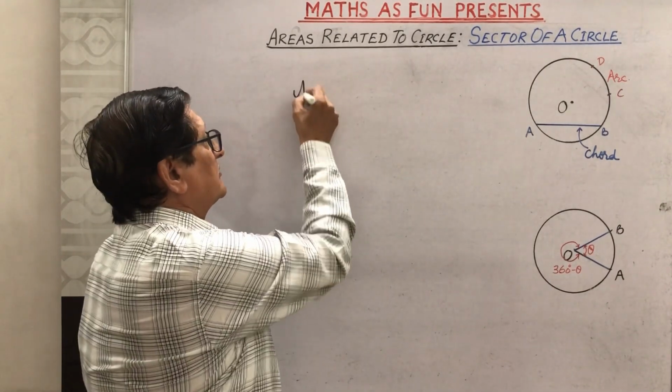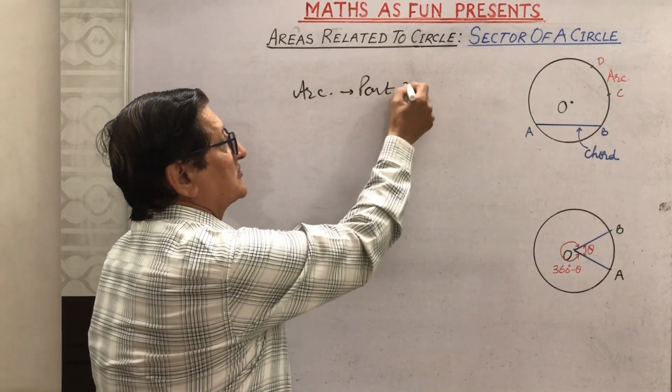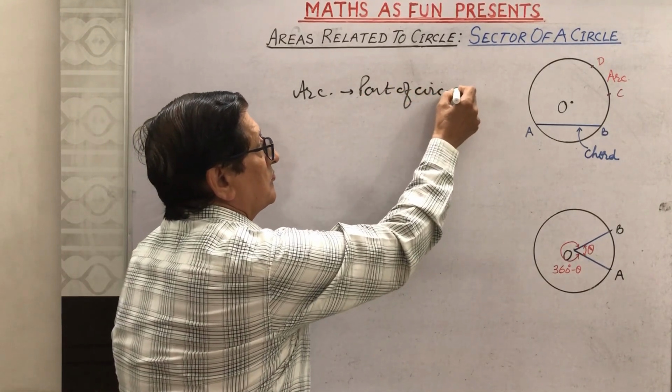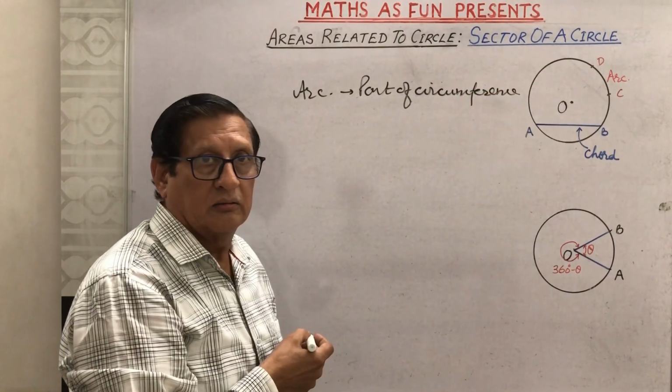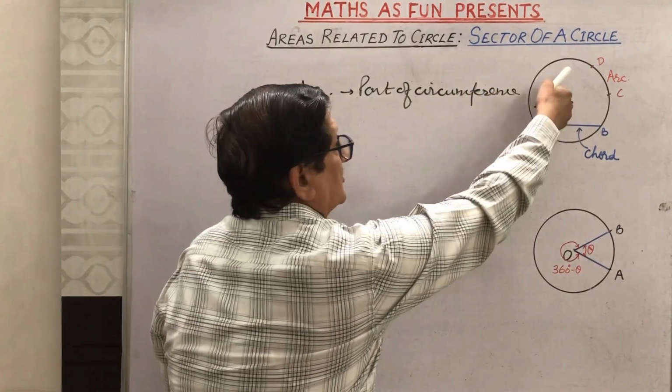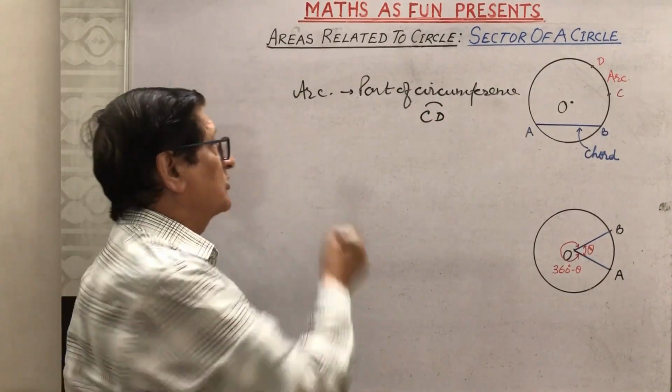What is an arc? Arc is a part of circumference. Like here, CD is the arc. And the chord.